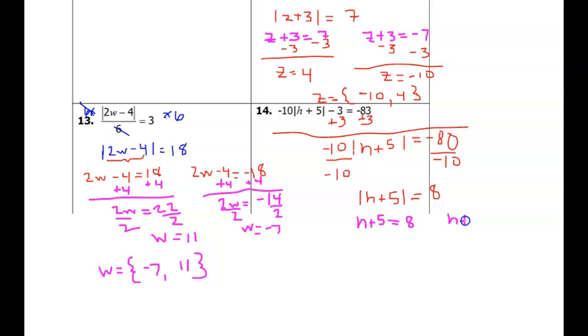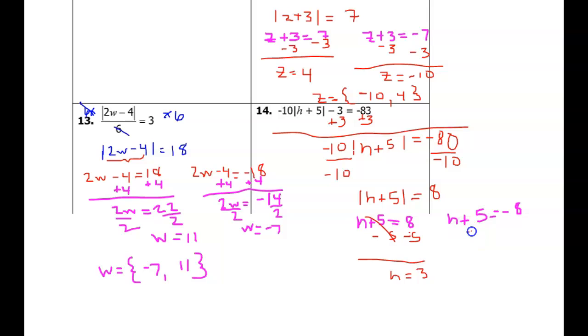Absolutely. So I want to set what's inside, once I have it isolated, equal to the positive and negative of the other side of the equation. On the left side, if I solve this, I'm going to subtract 5 on both sides. The 5's cancel, and h equals 3. 8 minus 5 is 3.